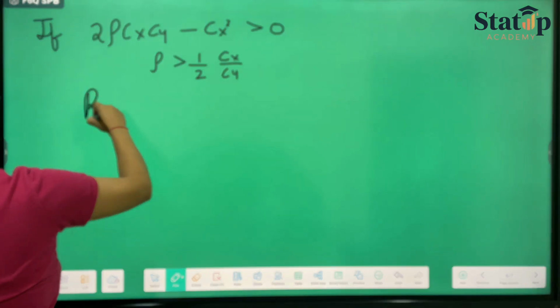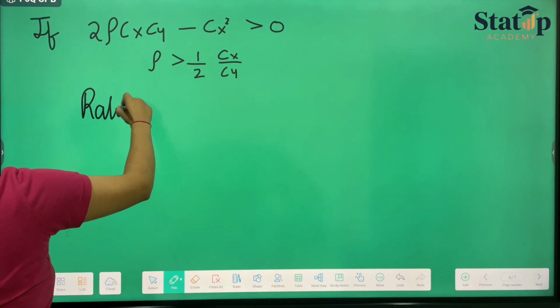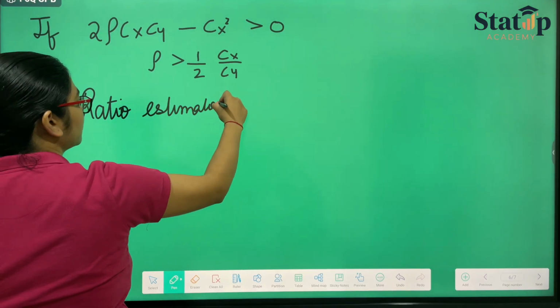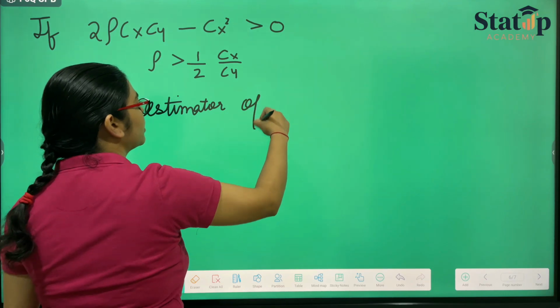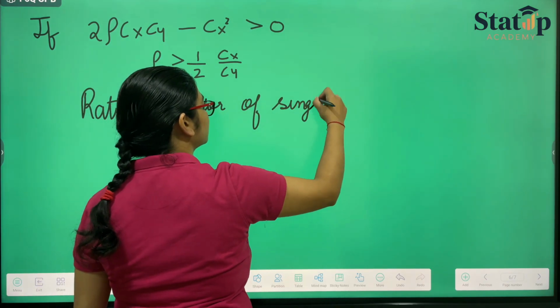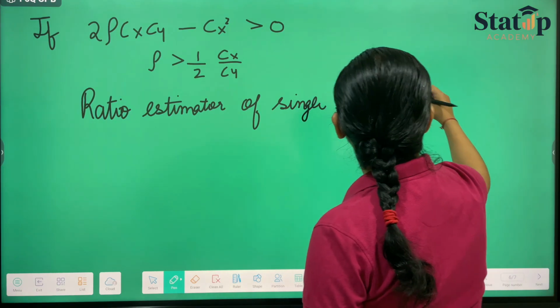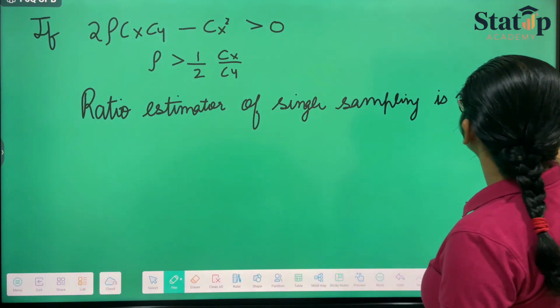Then the ratio estimator of single sampling is more efficient.